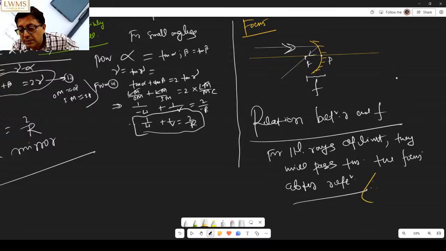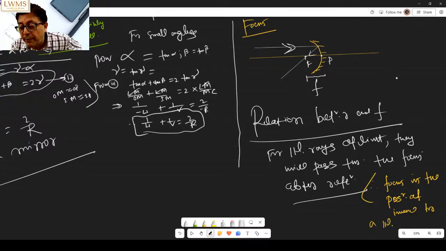Therefore, focus is the position of image for a parallel beam of light.